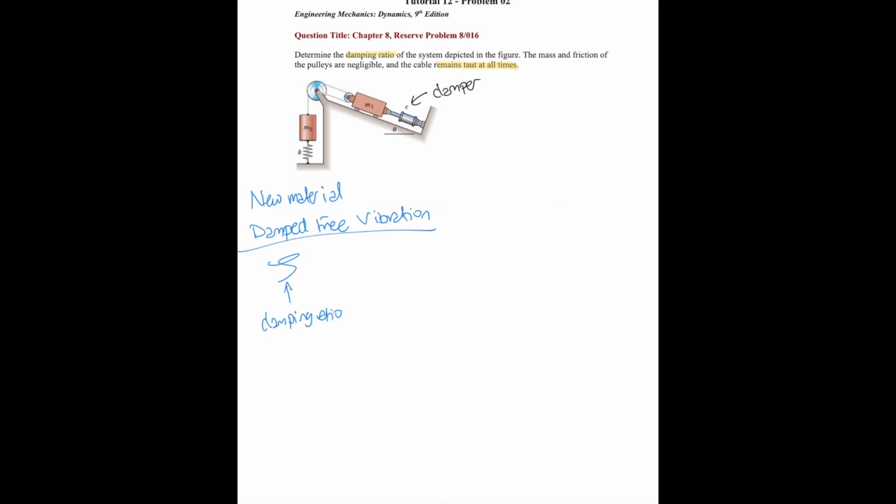It's going to be equal to C over 2m omega n, where C is the viscous damping coefficient, m is the mass, and omega n is the natural circular frequency.